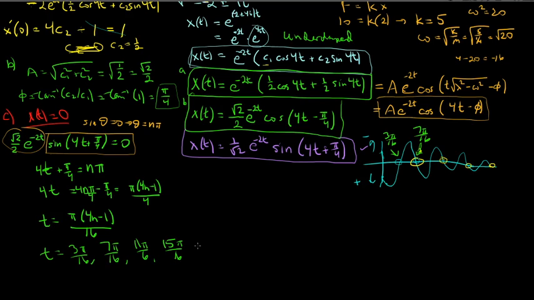I think I crossed the 1 there. So this one and this one. And so you're just adding 8 pi over 16 to each of these. So the next one will be 15 plus 8 is 23 pi over 16, and so on.